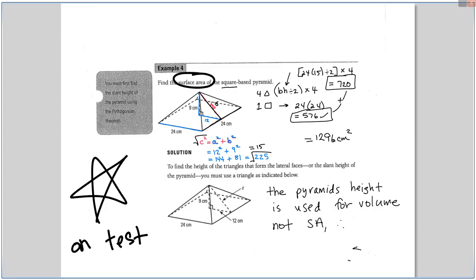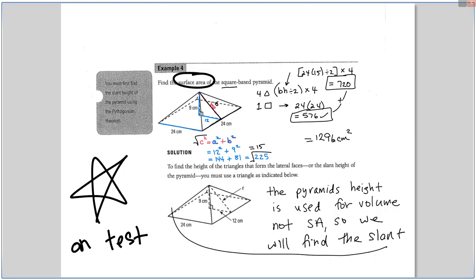Therefore, we will find the slant. How to find the slant? Pythagorean theorem. Once you have the height, the slant height that is, then you can jump into the area calculation.